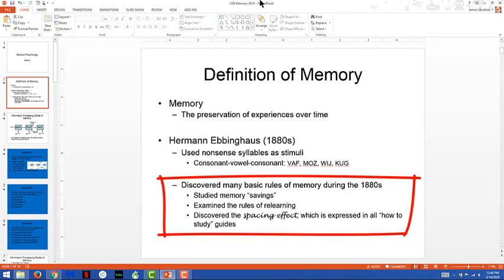Now, the rules of relearning follow a very standard process that is seen in lots of learning and memory experiments today, and that is if you learn something for the first time, it always takes you the most amount of time on the first time. Right?